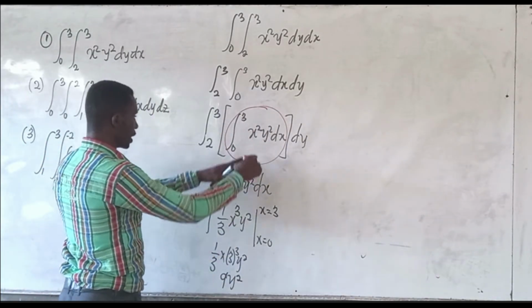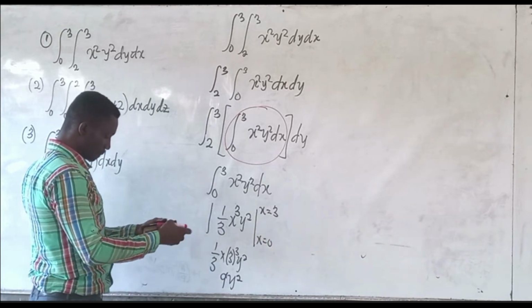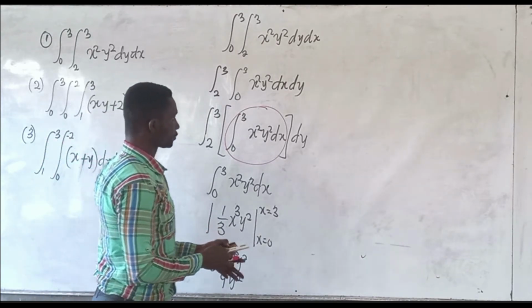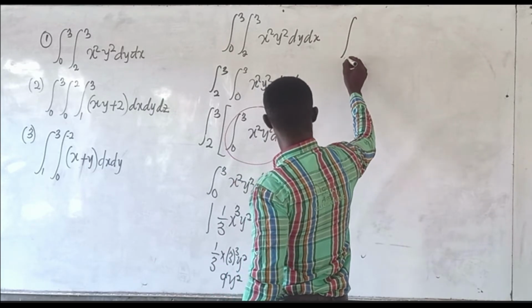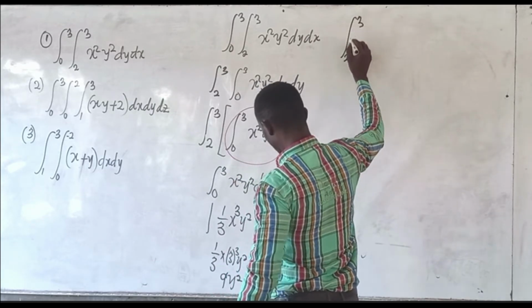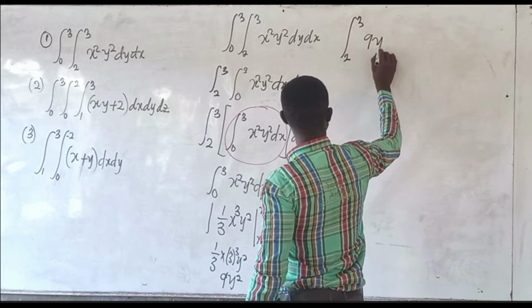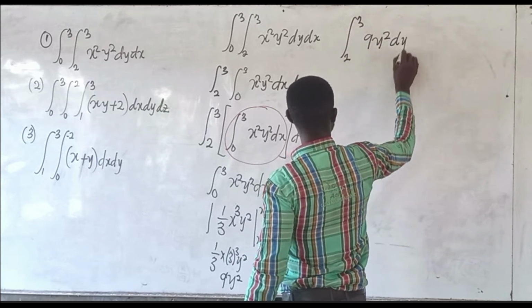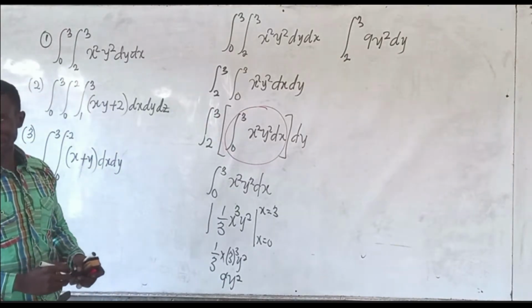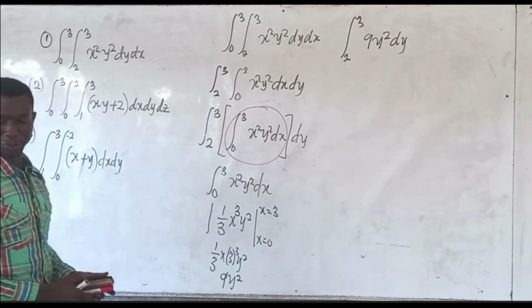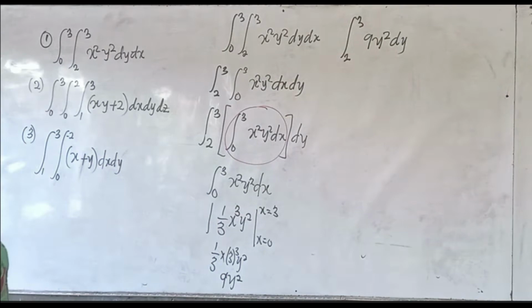So I'm coming to fix this one there, so that it will give me the integral from 2 to 3 of 9y squared dy. You see, I have gotten a simple integral to integrate. That's how you go about double integrals and triple integrals.